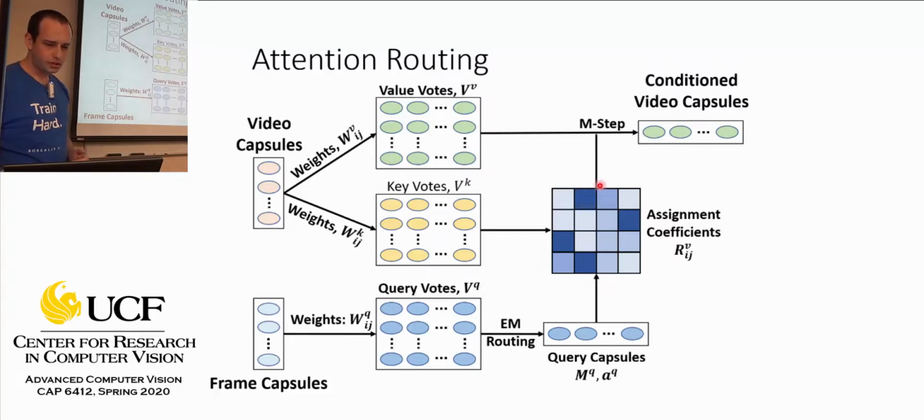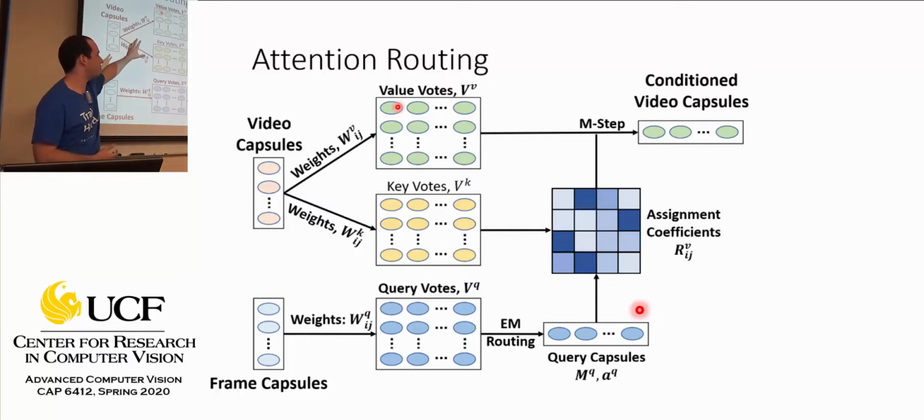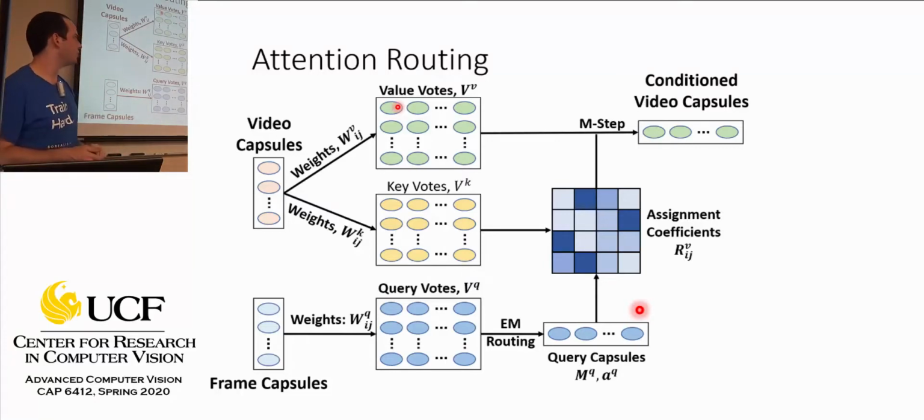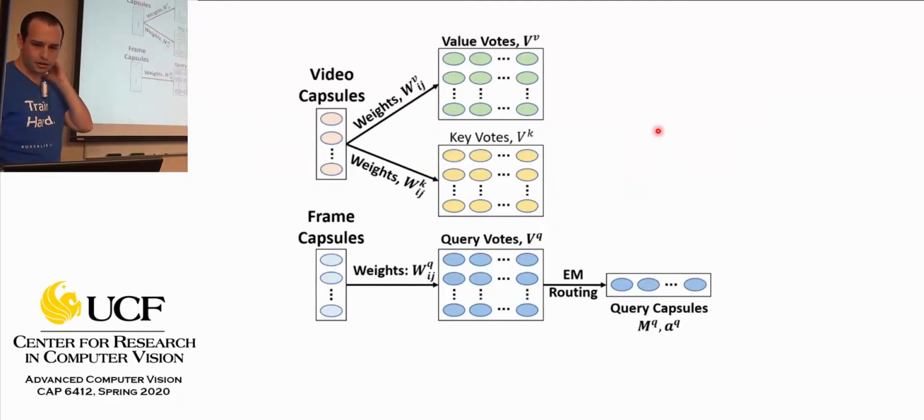So given these assignment coefficients, we can choose which capsules are important from the video and only route those capsules to get our final set of conditioned video capsules. Right? And so what these capsules would represent would be the object of interest inside the video.